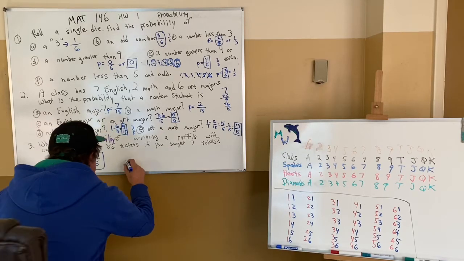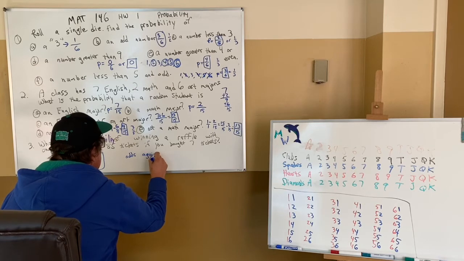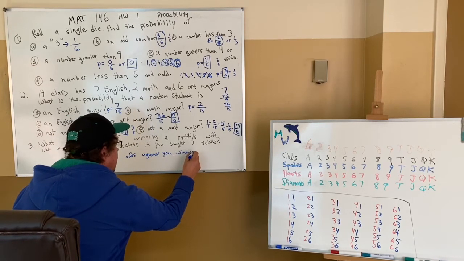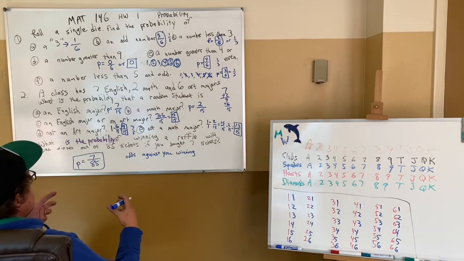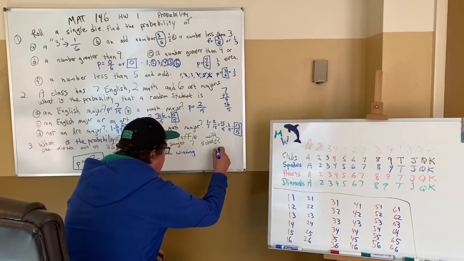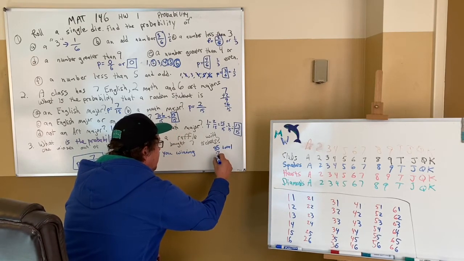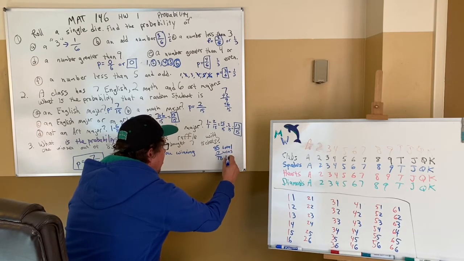What about odds against you winning? You don't need to know it as we're only learning homework 1, but when you come back and review this later or after we learn odds, you can actually see that when there are 85 total, and 7 of them are wins, all the rest are losses.